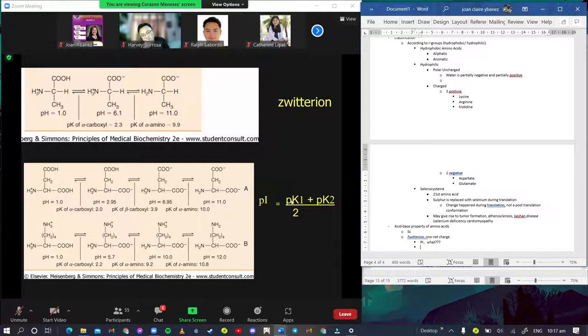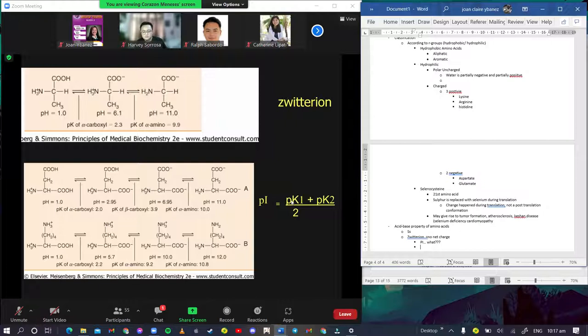But as you keep on adding a base, it will increase the pH of the environment, okay? To such a point when the pH of the environment is now 6.1, the alpha carboxylic group will now lose the proton, so it becomes negatively charged.